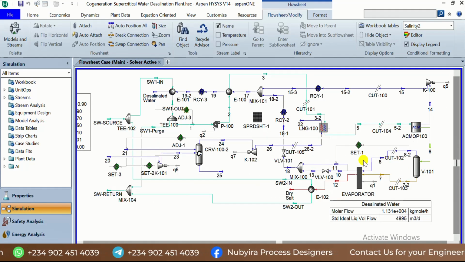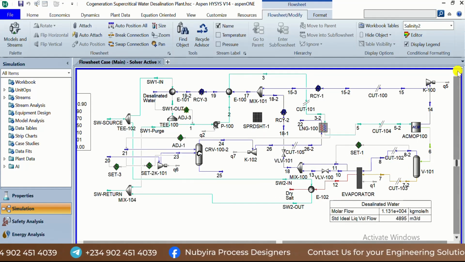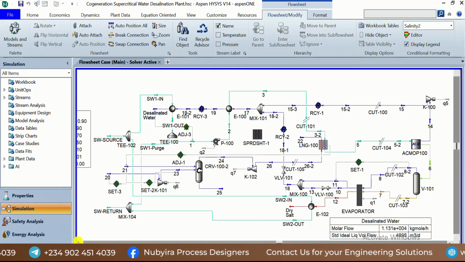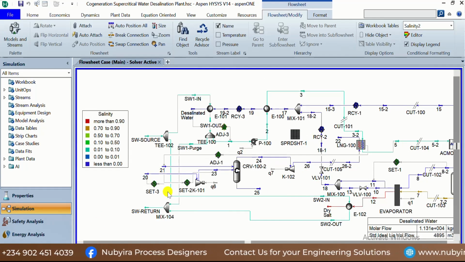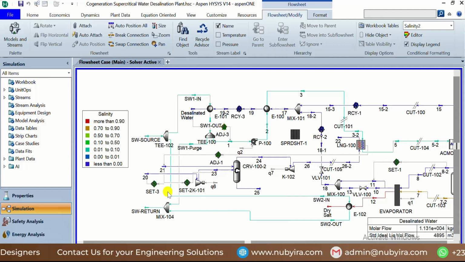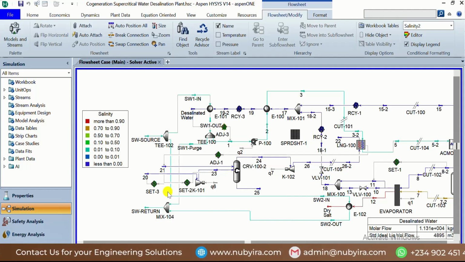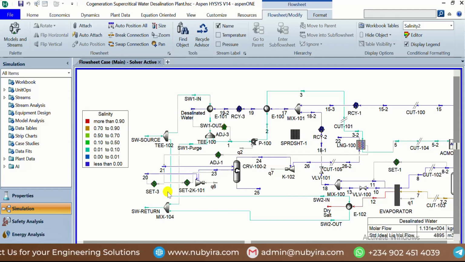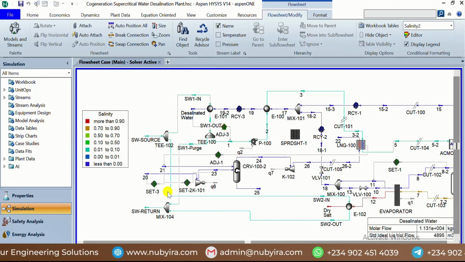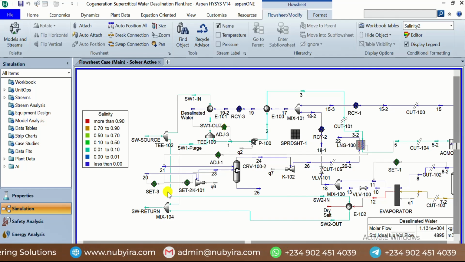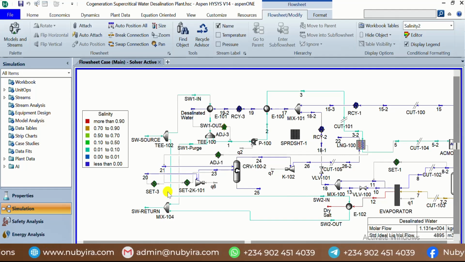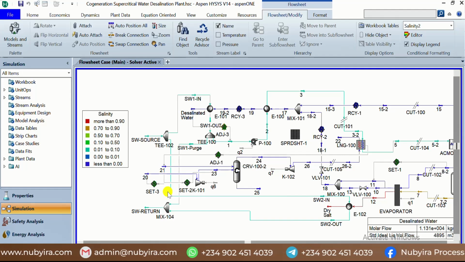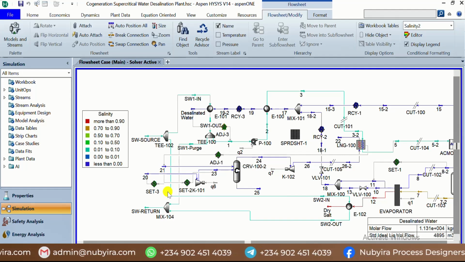Today I want to show you guys a simulation model that I created for a cogeneration thermal desalination plant, a supercritical water desalination plant. The plant is to generate electricity and clean water for agricultural and human use in arid regions.